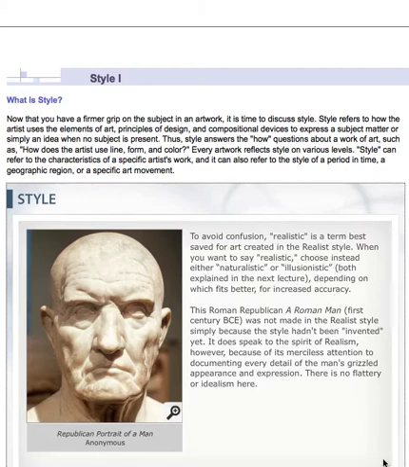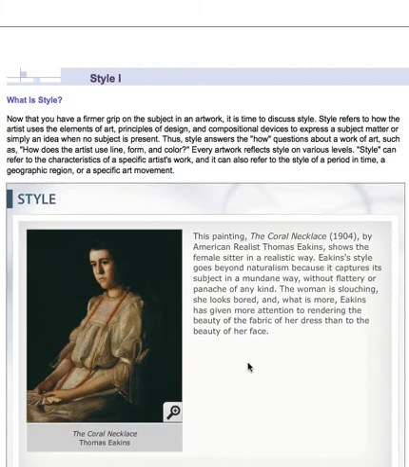That's because there's a whole period in art called realism, or the realist style, and we don't want to confuse that. Here's one right here, Thomas Eakins' The Coral Necklace. It was very realistic, wasn't it? Because it is a realist painting, that's the kind of thing we would call a realism piece. And certainly you talk about the forms being natural. So anyway, style is about that.